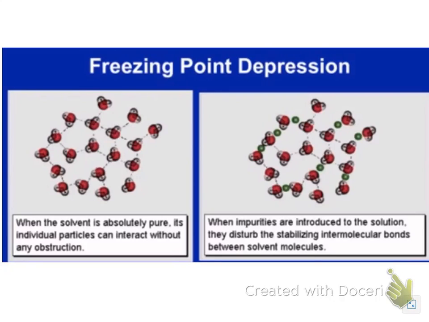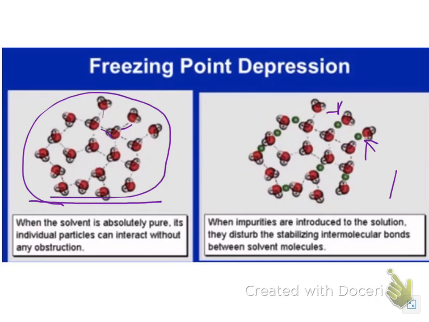Okay, so let's think about what happens when I put a solute or I dissolve something in water. Here is water. You can see the hydrogen bonding between these dashed lines, right? And here is water with a solute in it. The green things here you can consider to be a solute particle. So when the water is freezing, these attractions form and pull the molecules together.